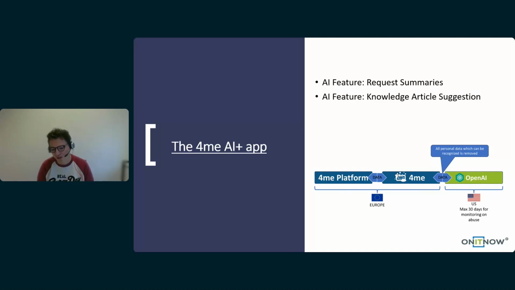But it's also good to understand what the technology behind the features is currently, because that will change in the near future as well. So I made a small graphic on that, and it starts, of course, at the For Me platform, where you can install an app. It's the AI app, and the AI app has two functionalities currently.